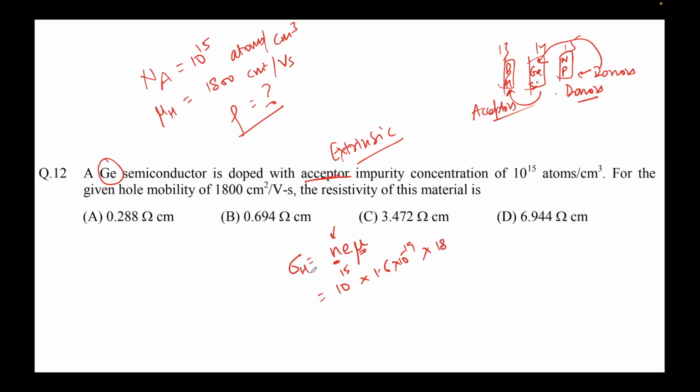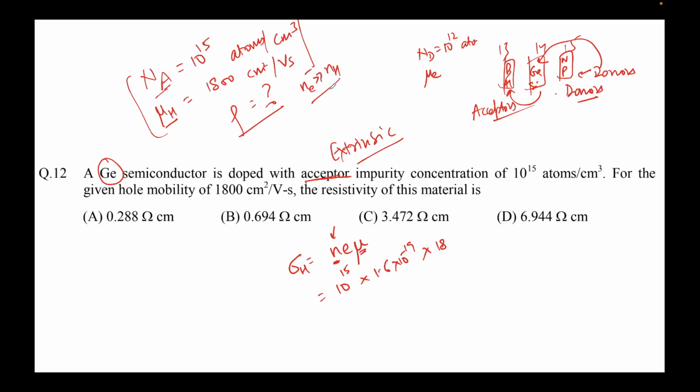Remember, we are finding the conductivity of holes. Acceptor and holes go hand in hand. If we are talking about acceptor, we must talk about mobility of holes. If it were a donor, let's say 10 to the power 12 donor, then we talk about mobility of electrons, because in this system there are very few holes and more electrons.